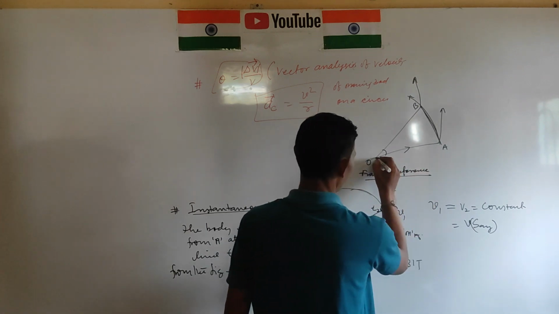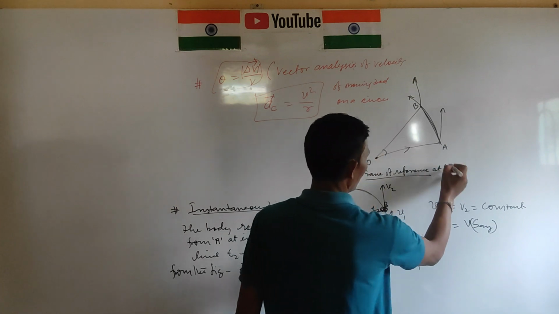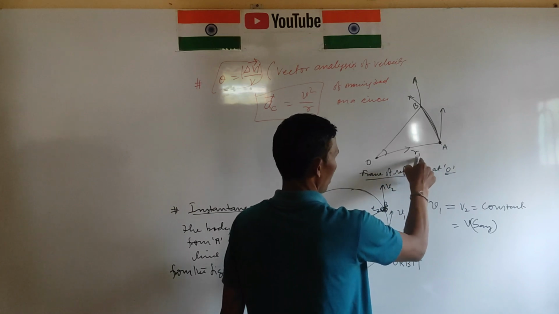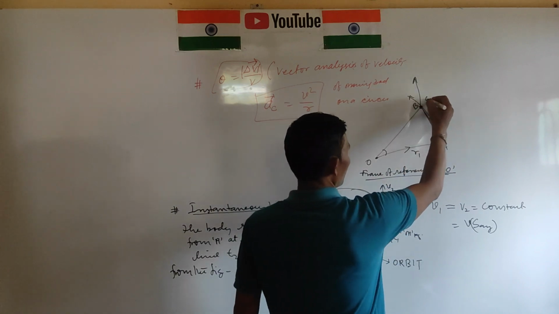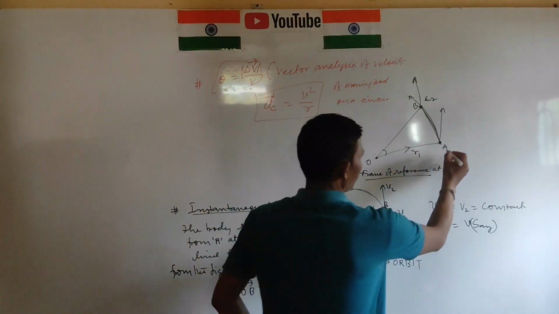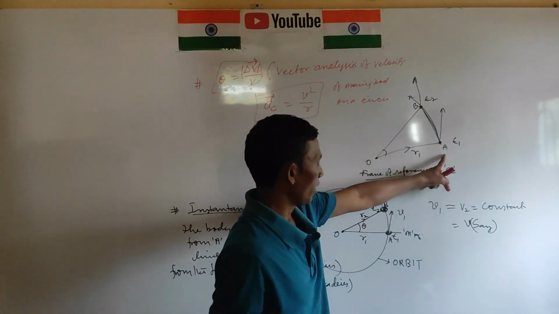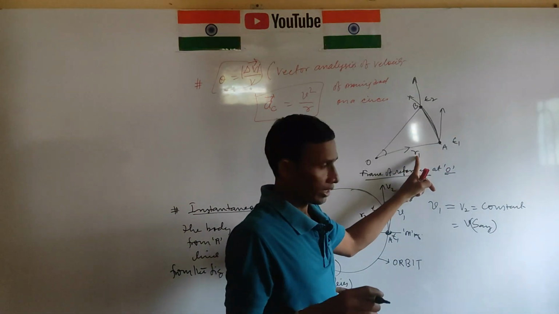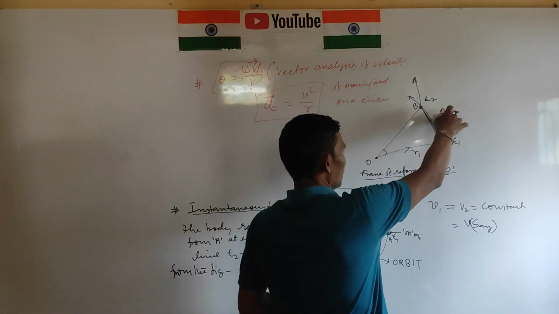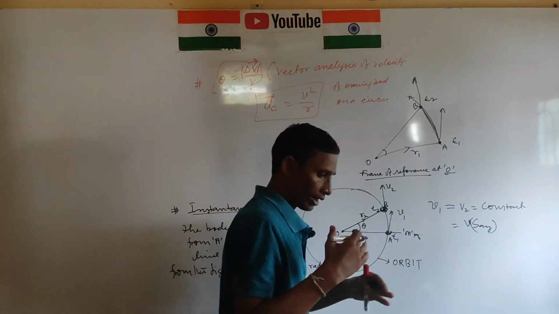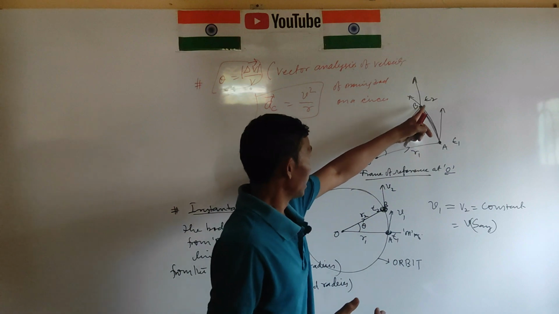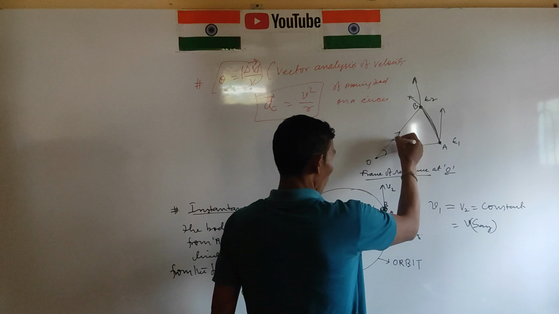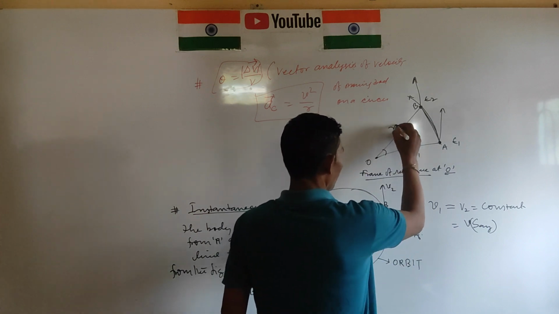Frame of reference at point O. The body at point A at time T1, its position vector is R1, and after an interval of time the body reaches point B. At that time the position vector from the frame of reference is R2.